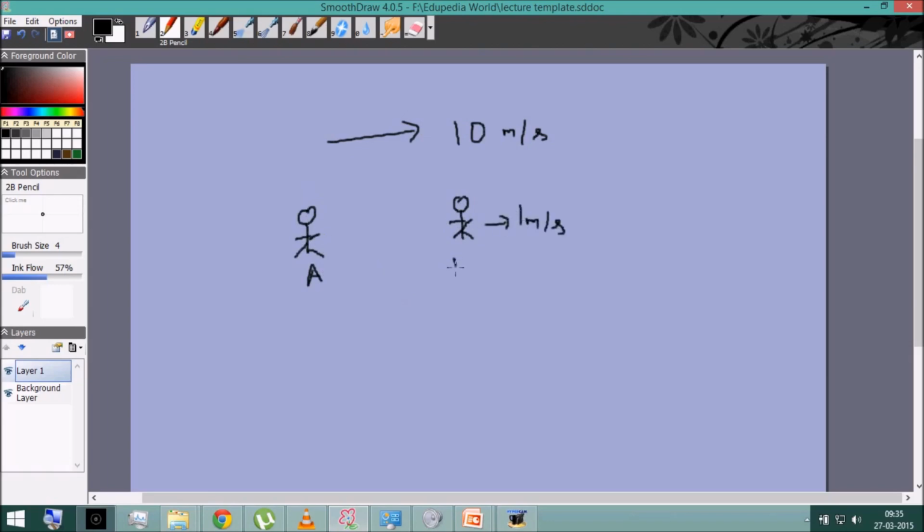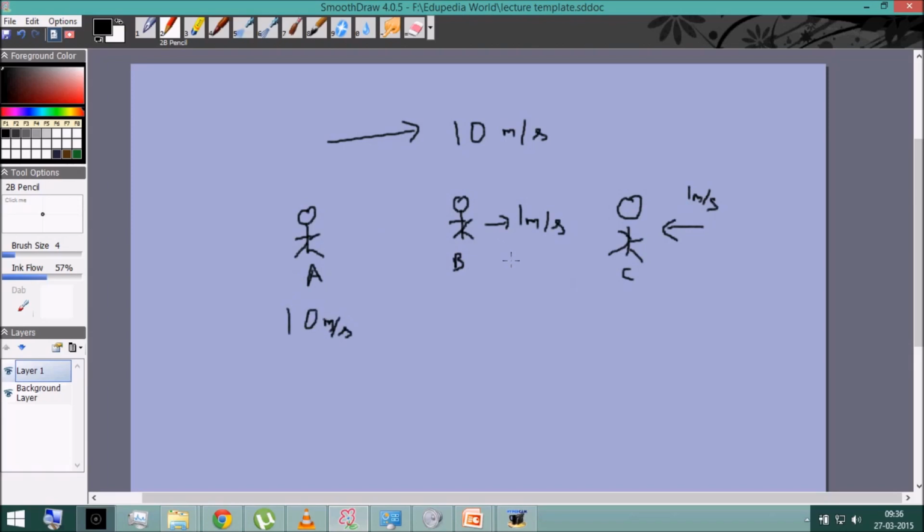There are 3 people. One of them is standing. The other one is moving forward with 1 meter per second. And the third one is moving towards the left with a speed of 1 meter per second.